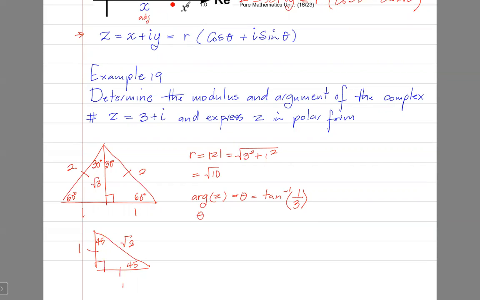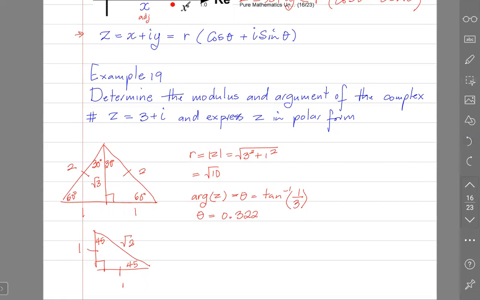Enter it in your calculator in radians: shift tan, open bracket, 1 divided by 3, close bracket, and press equal. What I got is 0.322 radians.